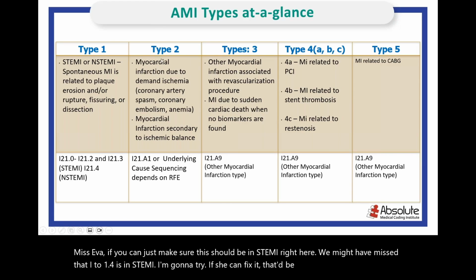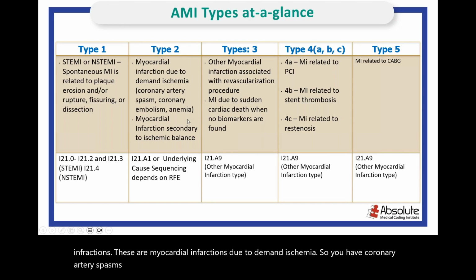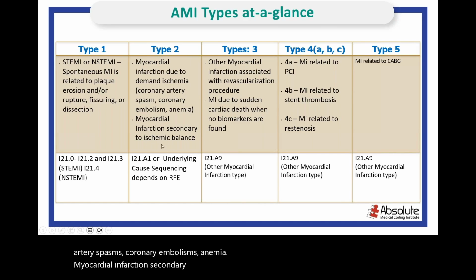All right, so type 2 infarctions. These are myocardial infarctions due to demand ischemia. So you have coronary artery spasms, coronary embolisms, anemia. Myocardial infarctions secondary to ischemic imbalance.